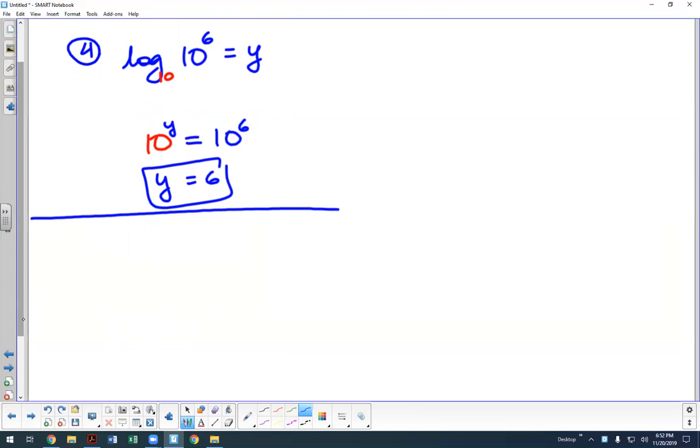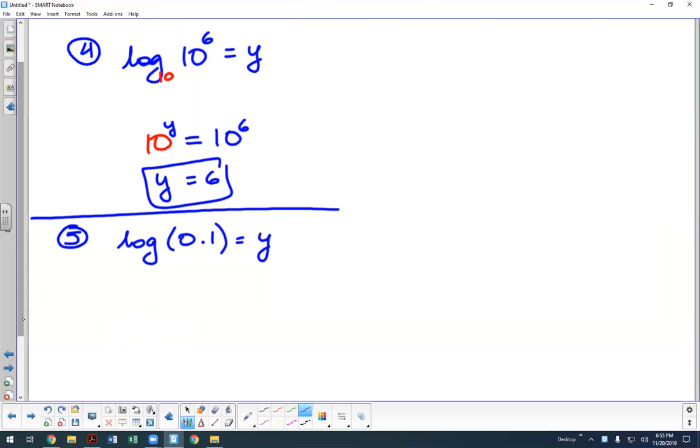We've got example 5, which is talking about log of 0.1 equals y. So what will this be in exponential format? 10 to the y equals 0.1.